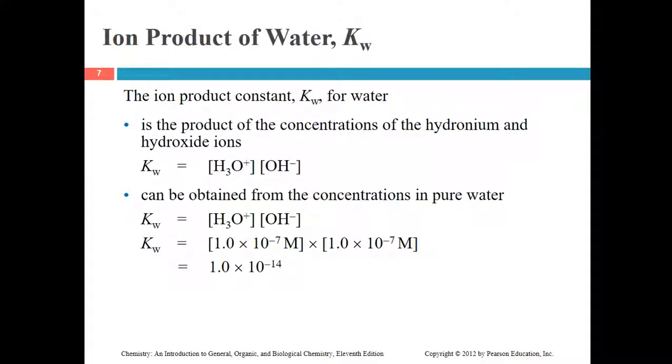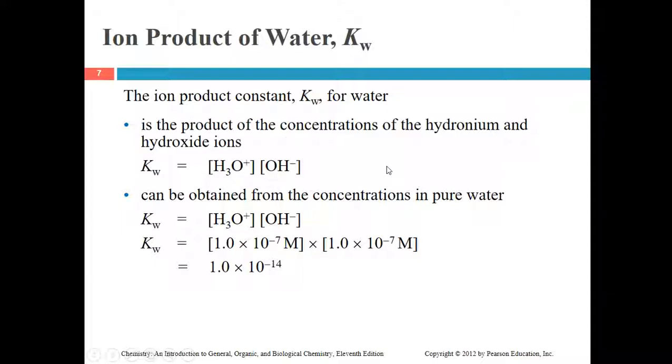Now, this constant has the symbol K for constant, and W for water, so Kw, the ion product constant. It is the product of the concentrations of the hydronium ion and the hydroxide ion. So write this formula down. Our Kw equals our hydronium ion concentration times our hydroxide ion concentration.